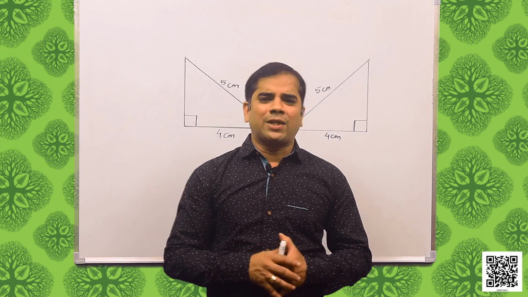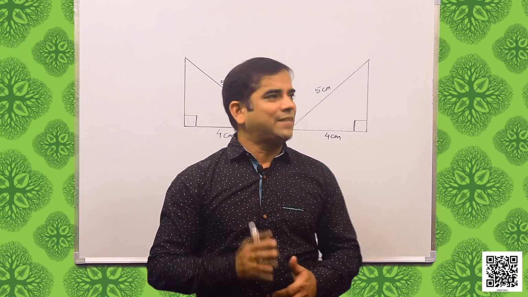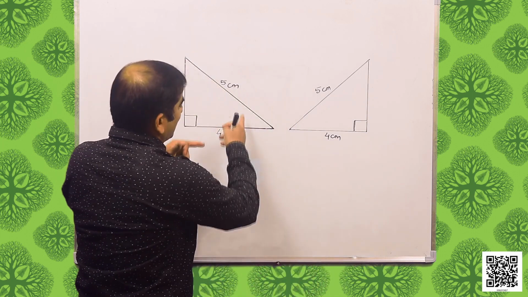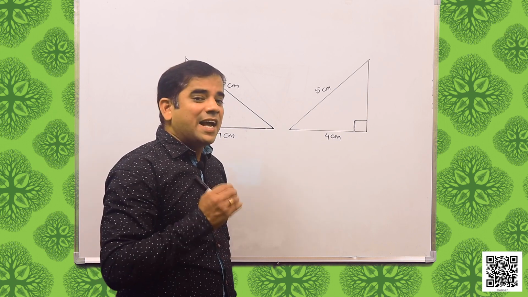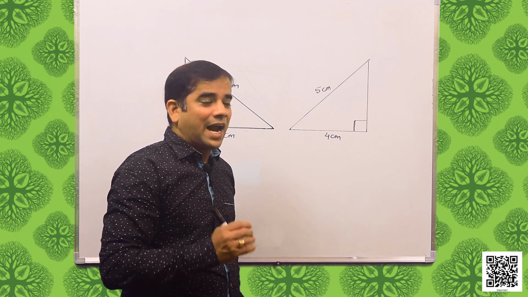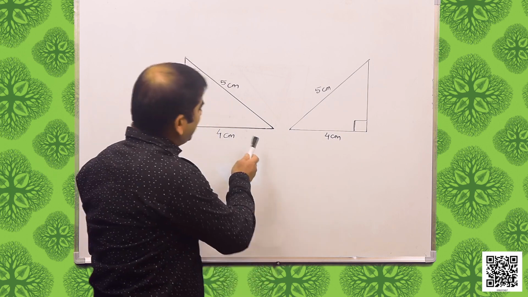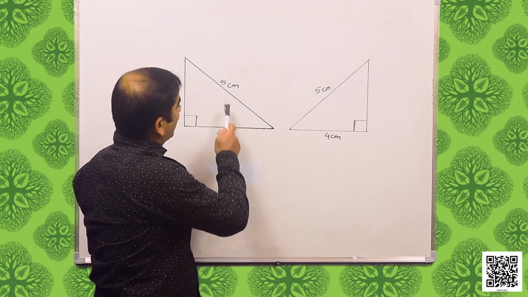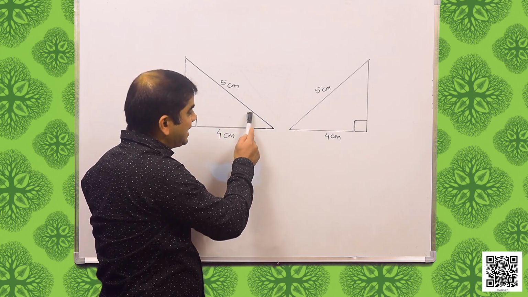Note that the right angle is not the included angle in this case. What we observed in the case of SAS congruency says that the angle has to be the included angle, and in this case the included angle between the hypotenuse and the base is this one.